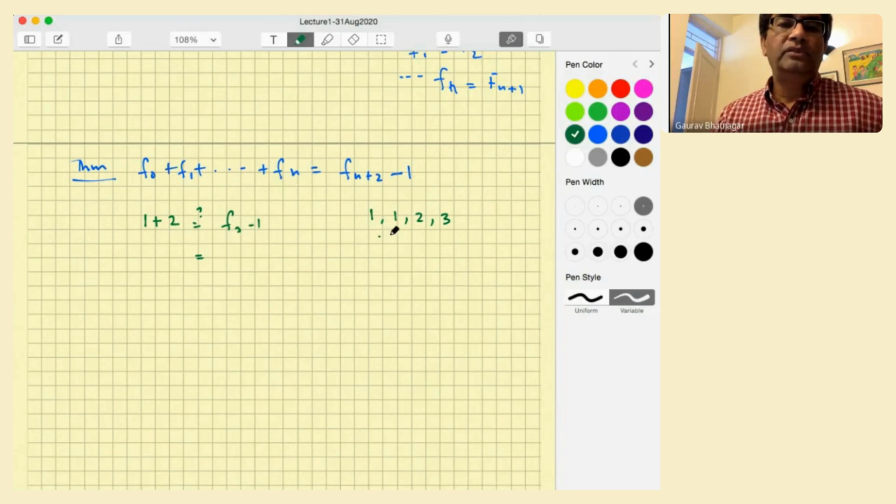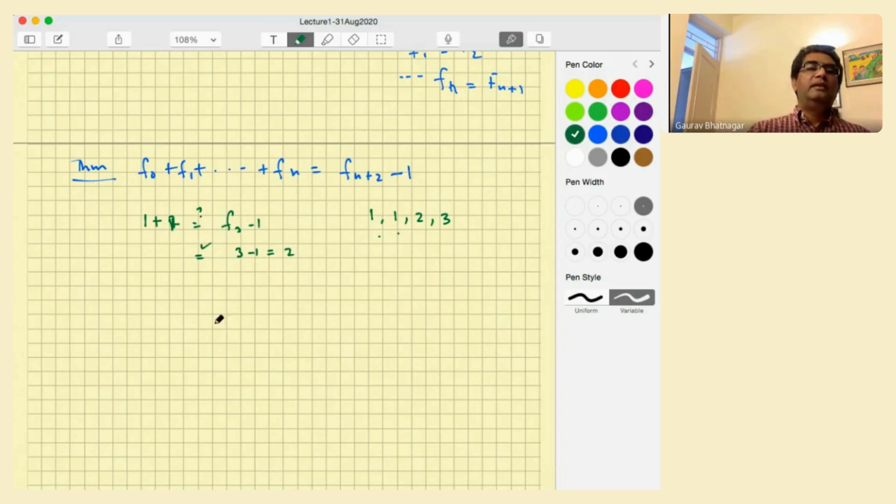So 0, 1, wait, so this should be 1 plus 1, and it is indeed equal to 3 minus 1. It does work. So what are we doing? We take a proof, a combinatorial proof for an n plus 2 board, right?